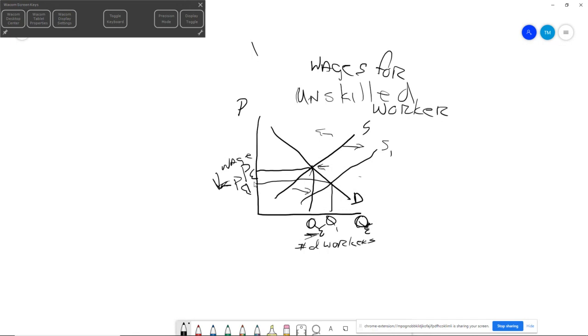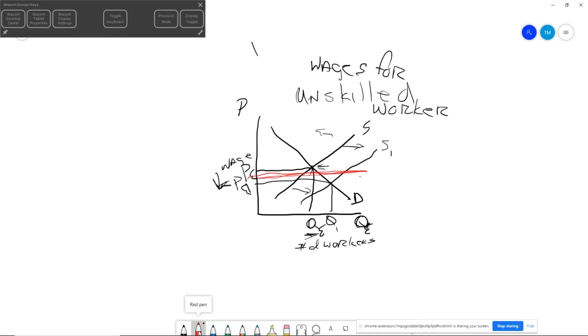Remember, if there's a minimum wage set in here at the same time, let's say it was at this level right here. Now, they're only going to hire a smaller number of workers if the price is up here.